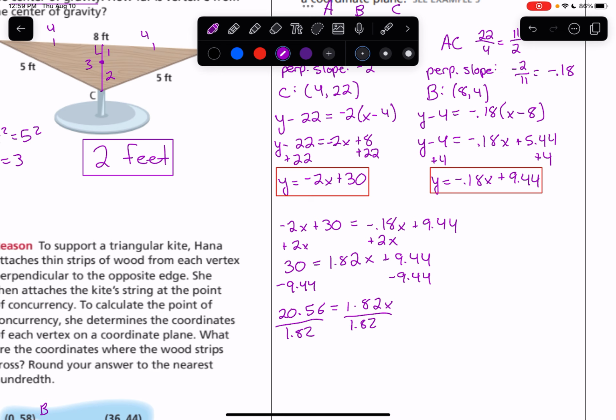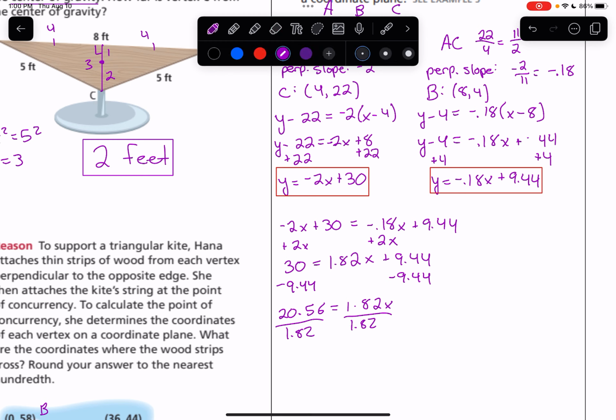What else did I do? See, this is the problem with these questions. 0.18 times 8. I'm all the way up here with my mistakes. Look at this. You get a first person view.